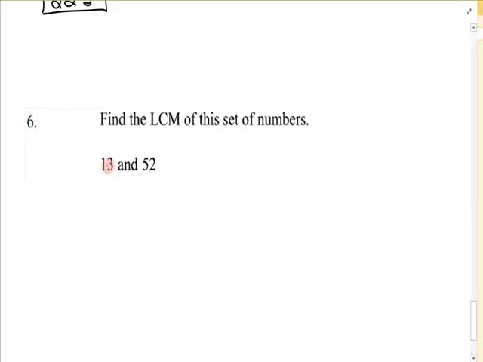Number 6, I have 13 and 52. Well, I've only got 2 numbers. I'll just try method 1. Start with the big number, 52. Well, the first multiple of 52 is 52. Does 13 go into it? Maybe you know and maybe you don't know.